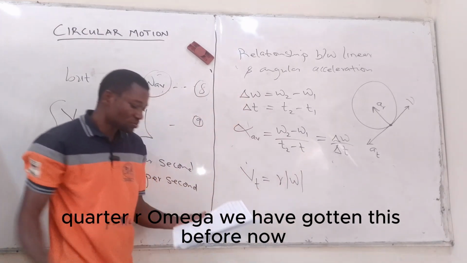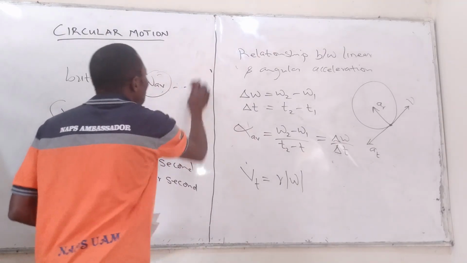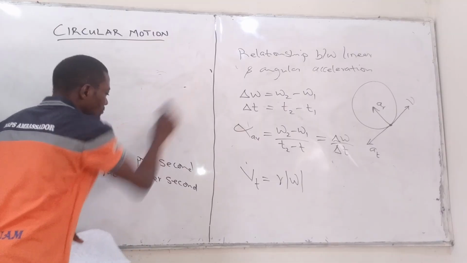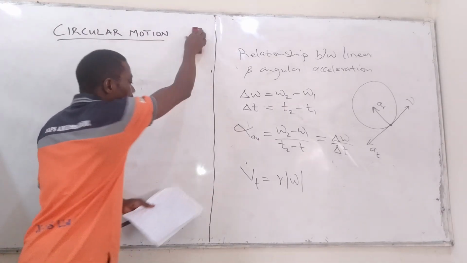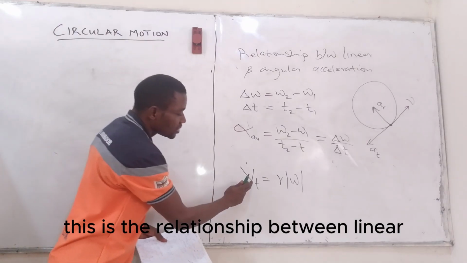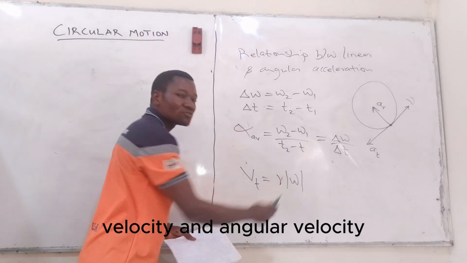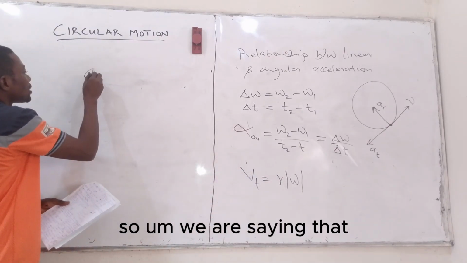We have gotten this before now, but this is the relationship between linear velocity and angular velocity that we have established.